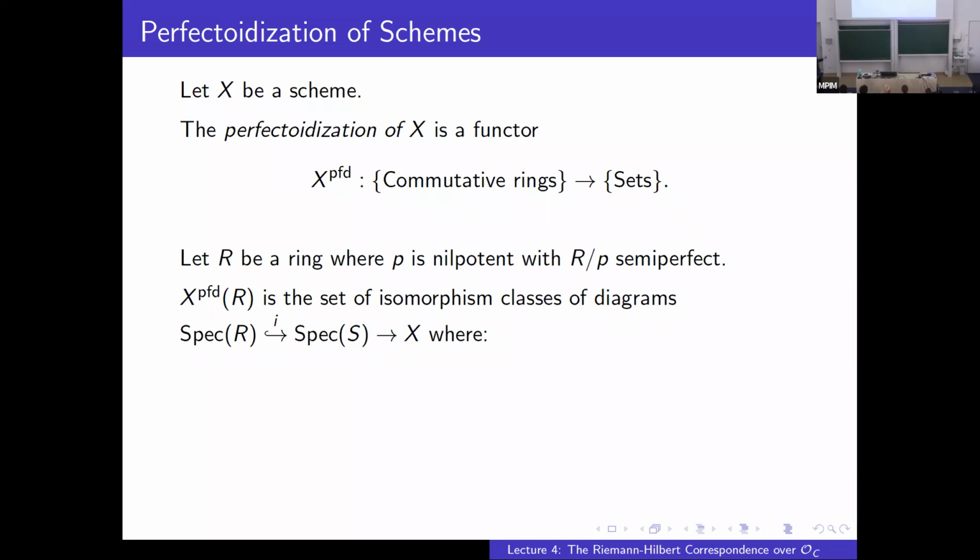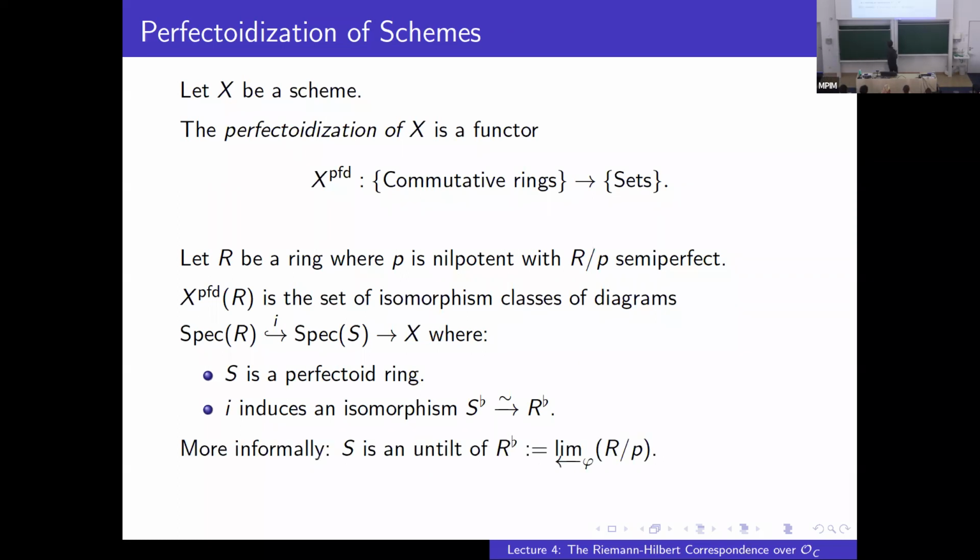It's the set of isomorphism classes of diagrams where, first of all, you specify a map from spec R into X, but you don't just specify a map from spec R into X, you specify a factorization through the spectrum of a perfectoid ring S. And you demand that this in particular induces a ring homomorphism from S to R, and I want that to give an isomorphism from S flat to R flat. So said more informally, what I'm saying is S is an untilt of R flat, and I've specified an S-valued point of X. Okay, so this is a definition.